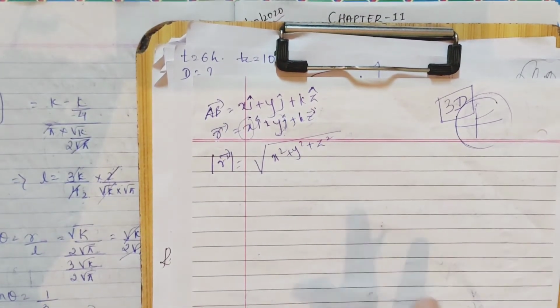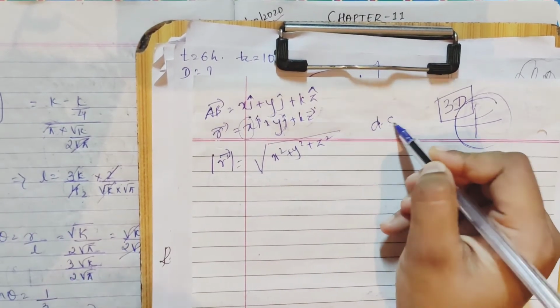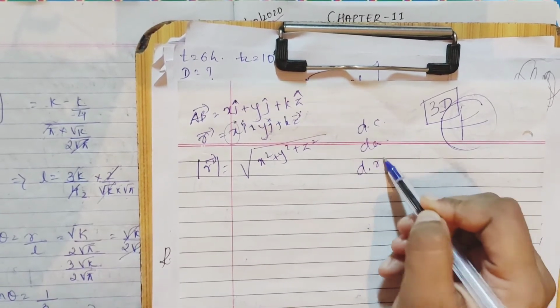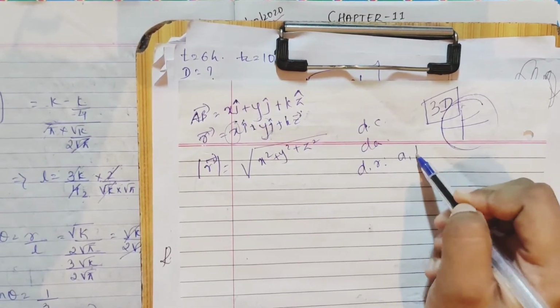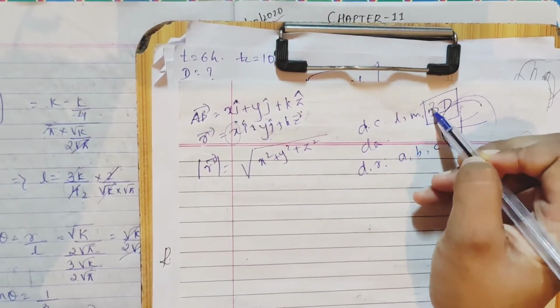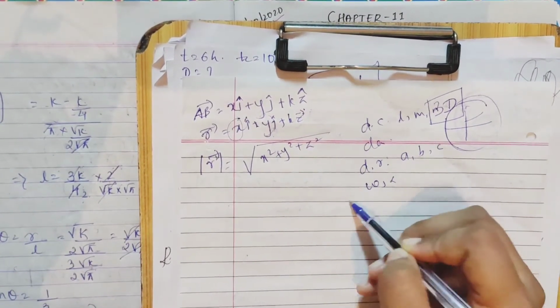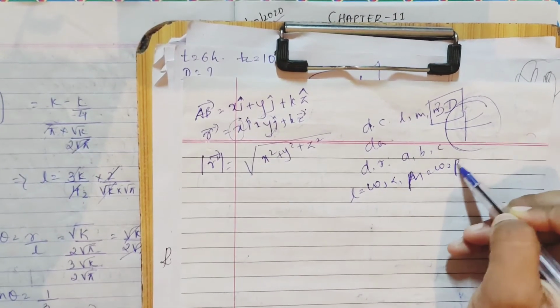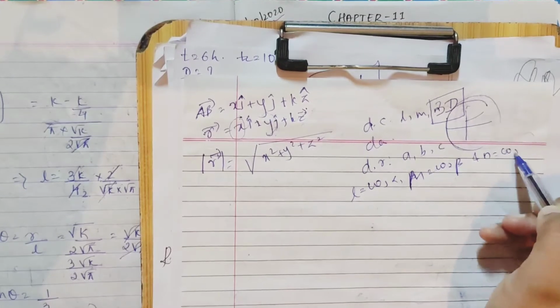In the same way we're gonna study: you have studied your direction cosines, you have studied your direction angles, right? Your direction ratios a, b, c, and we were considering direction cosines l, m, n, where l was cos alpha, m was cos beta, and n was cos gamma.